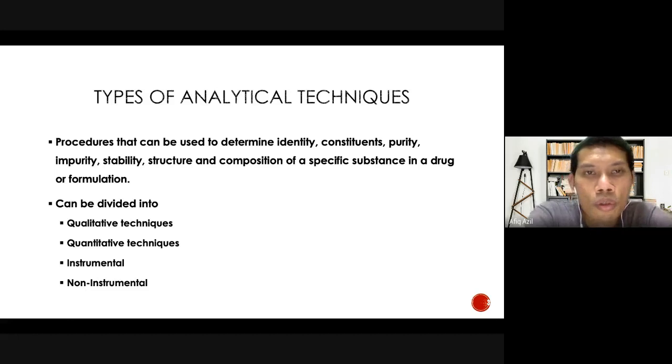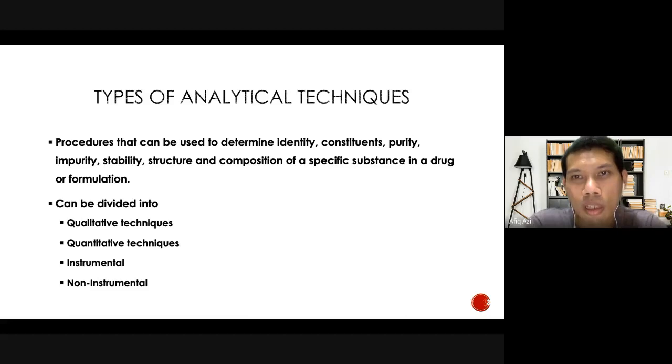Okay, so these are actually procedures. Okay, analytical techniques are procedures that you can use to determine. Okay, you can determine several things. One, you can determine the identity, the constituent, purity, and stability, structure, and also the composition of a specific substance in a drug or in formulation.